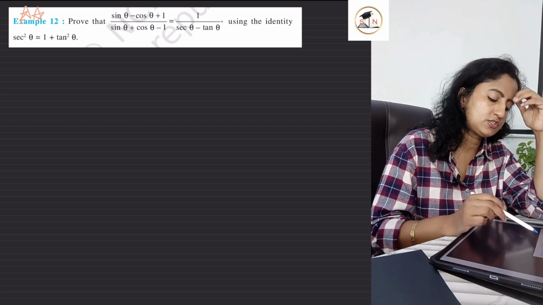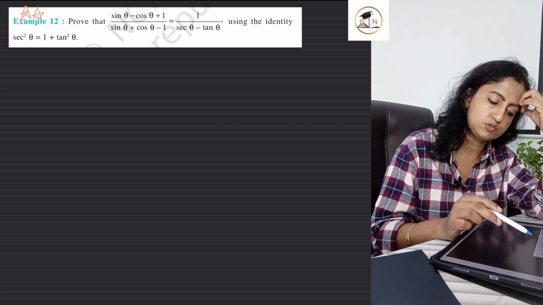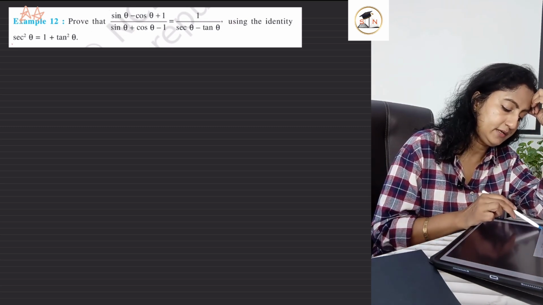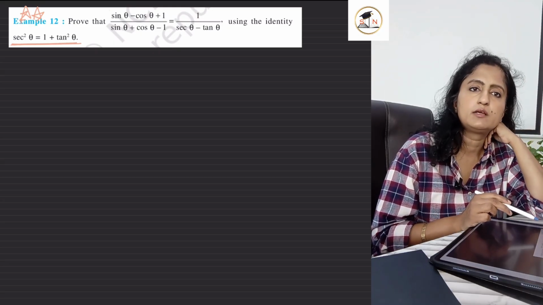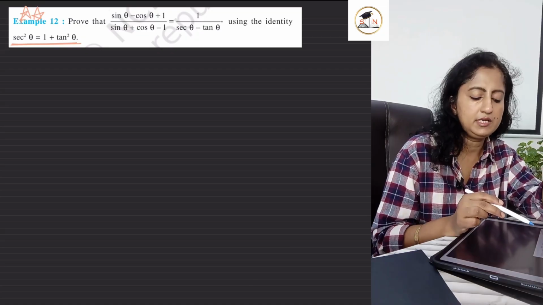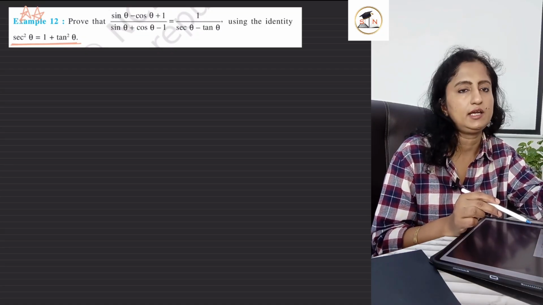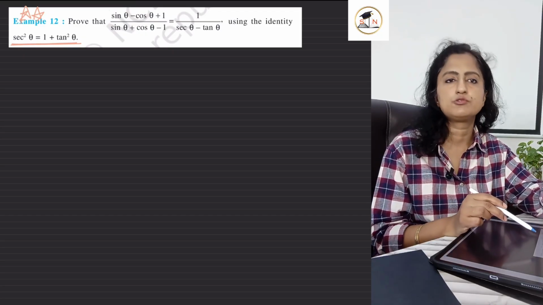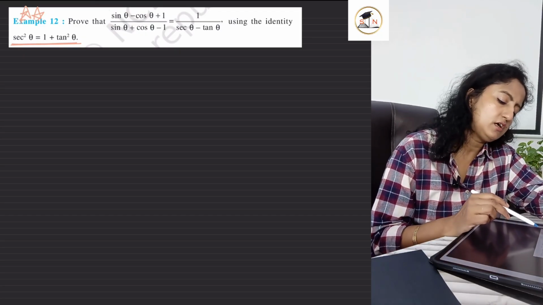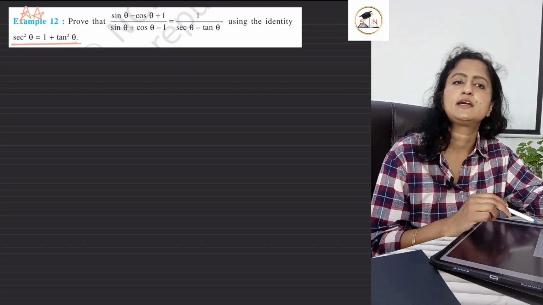There is a condition in this question that prove LHS equals to RHS using the identity sec²θ equals 1 plus tan square theta. That means we have to use this identity in this question if mentioned, and if not, there are other ways also to do it. But over here, I'm going to solve it using this identity.